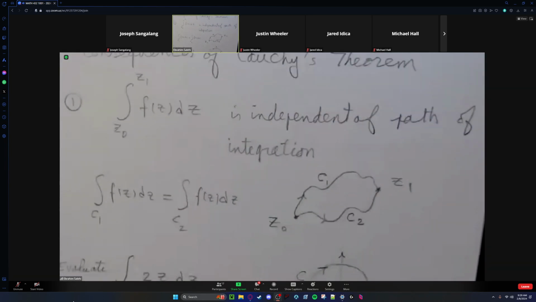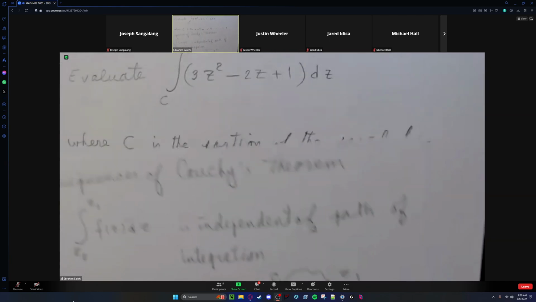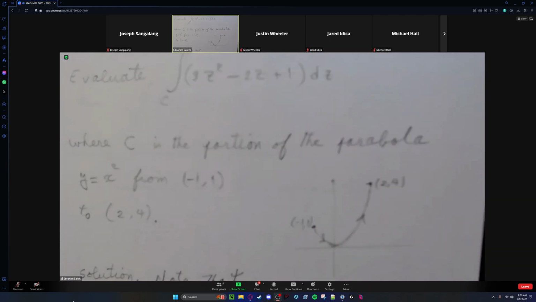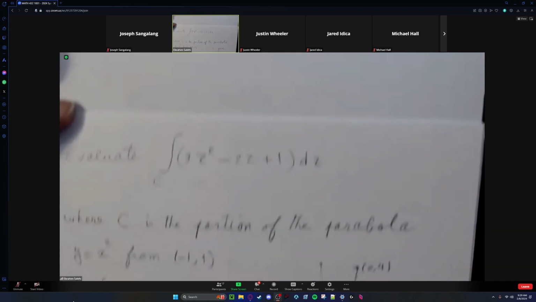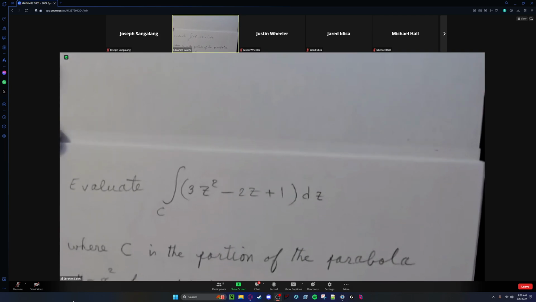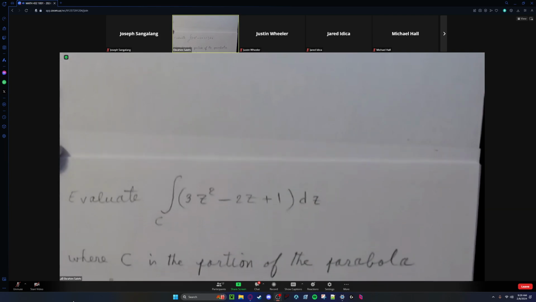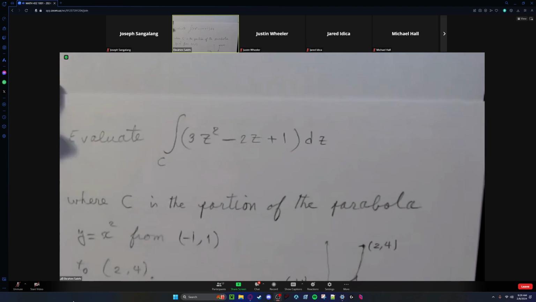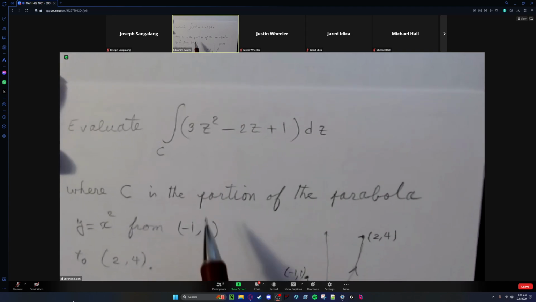Okay. Here is another example of such phenomena. Suppose we want to integrate this and the curve is y equals x squared, this one.